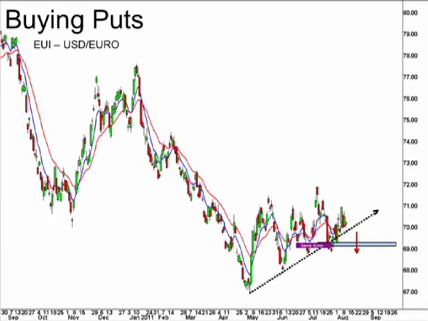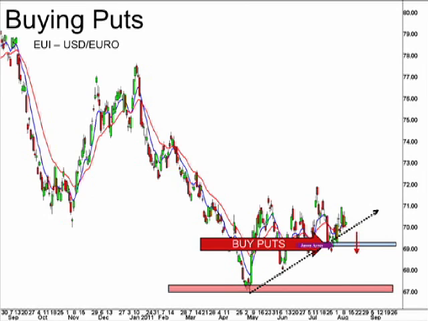So that break to a lower low is confirmation that we need in order to facilitate us to take action and buy some put options.